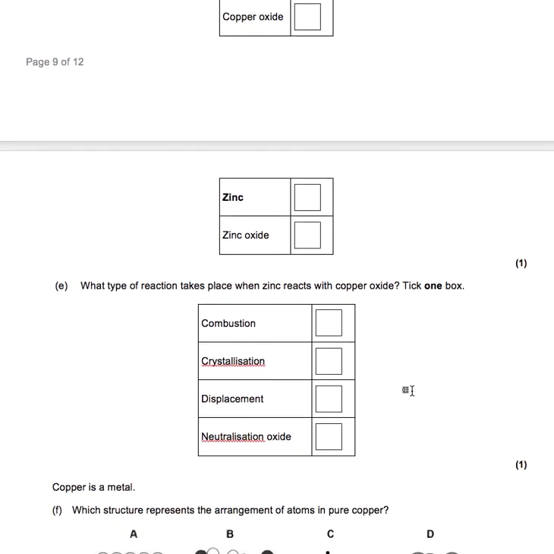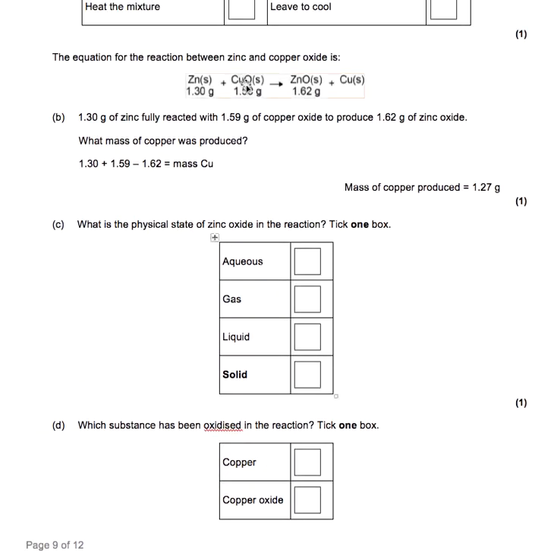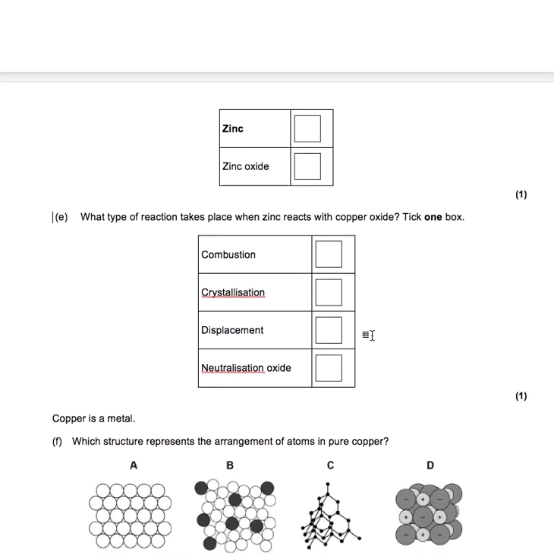Which type of reaction takes place when zinc reacts with copper oxide? Well, what's happening is that the zinc is knocking the copper out and taking its place. It is displacing the copper.